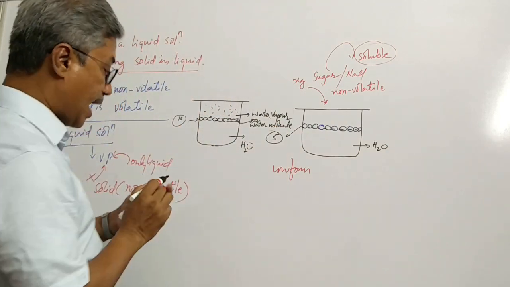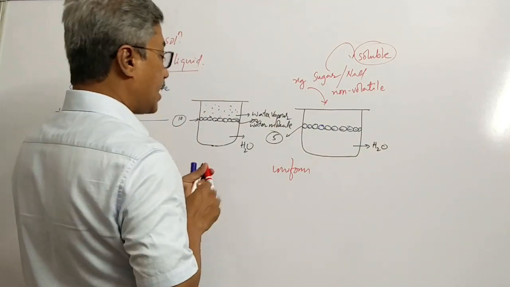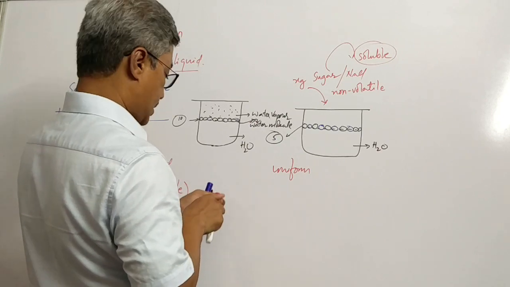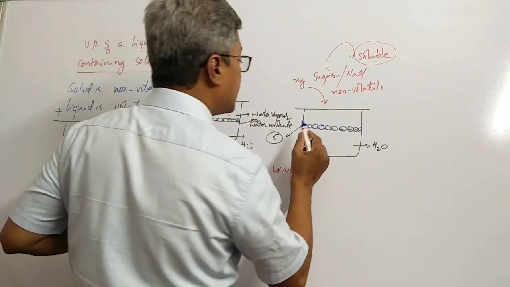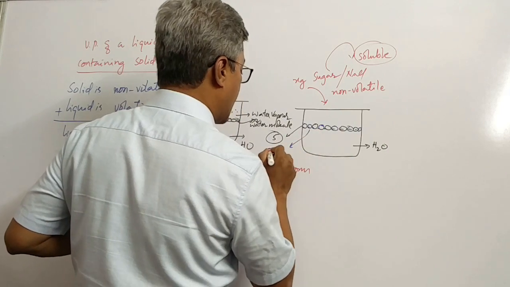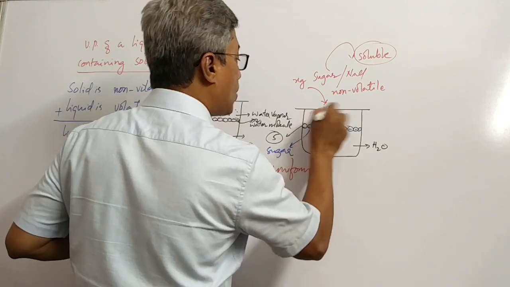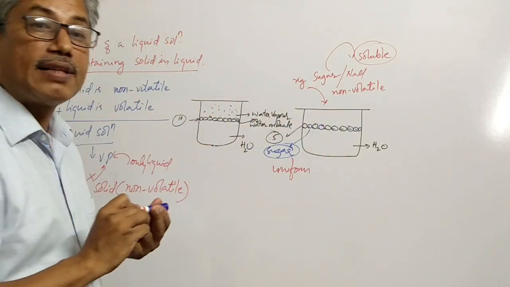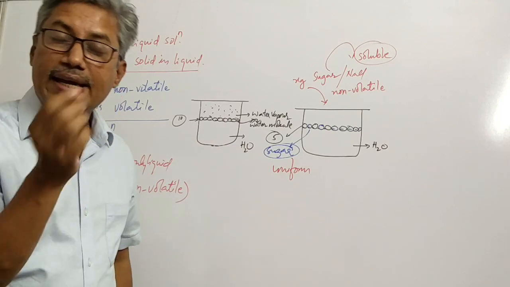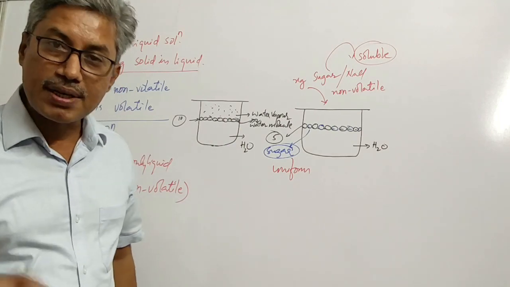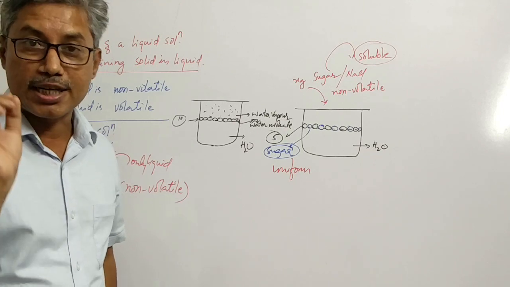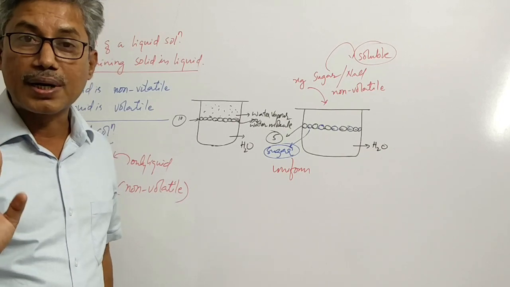Is that clear students? And moreover, these blue colored substances are sugar, which will not be found in the vapor. That means at the surface we notice the presence of even sugar which will not vaporize, but is present in the solution form only.